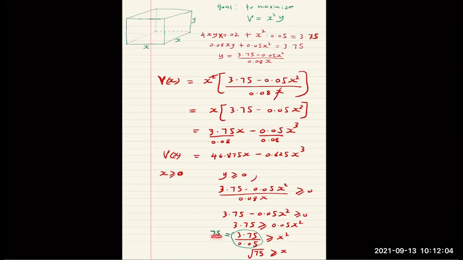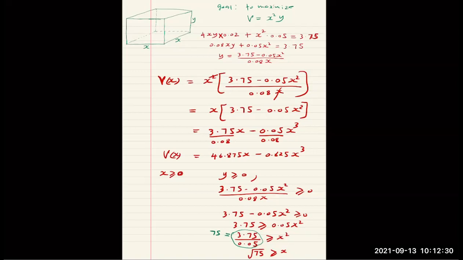Now you take the square root of both sides, assuming that this x is positive, because x is greater than or equal to 0. Then we preserve the inequality sign, because if this is a quantity greater than or equal to 0, we can take the square root of both sides. So x has to be less than or equal to square root of 75.